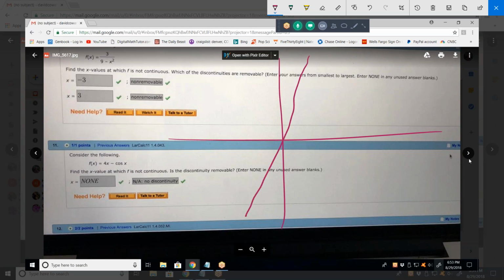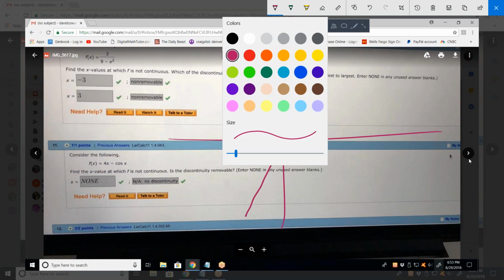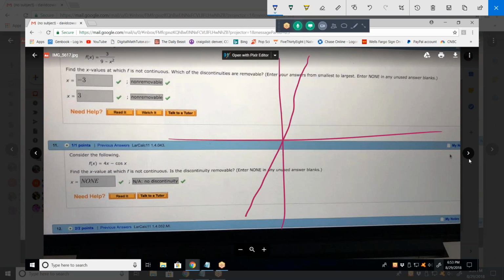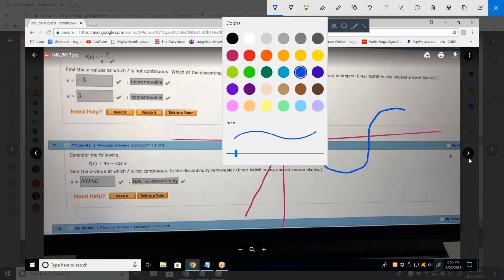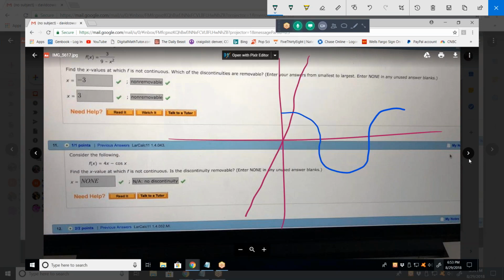Well, that's 4x. This is cosine of x. Now, if we're subtracting the blue line from the red line, then obviously, let me use a different color here, green.